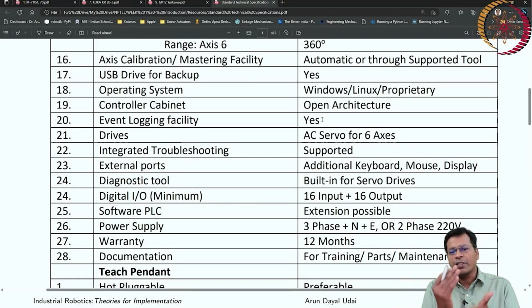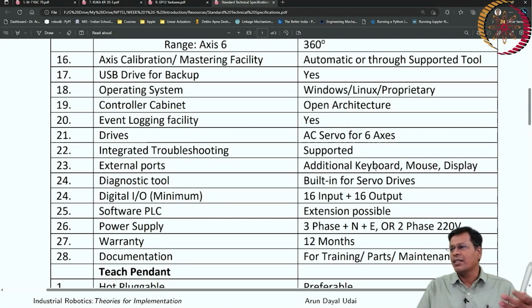So the controller is of open architecture. I can put in any Profibus, EtherCAT or any sort of communication to interface with any IO system, although it already had 16 inputs and outputs built into the system. But sometimes you want a sensor which is outside the controller, and definitely you should have that.